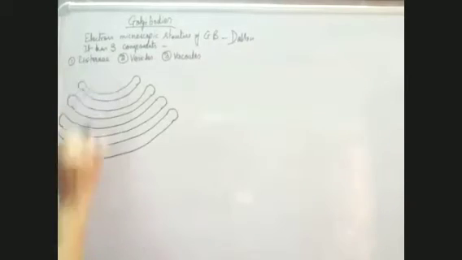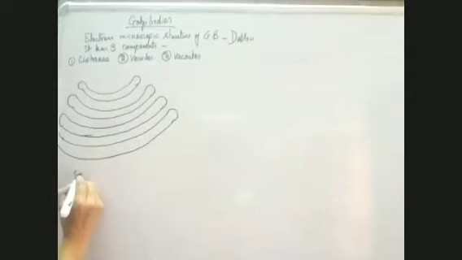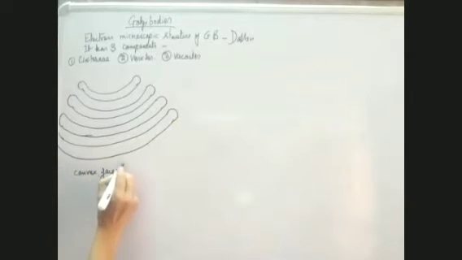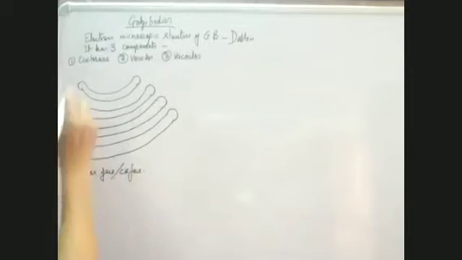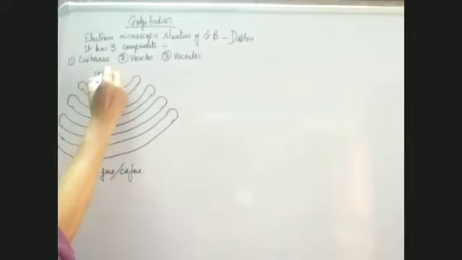These are the two faces: the convex face, also known as the cis face, and the concave face, also known as the trans face.